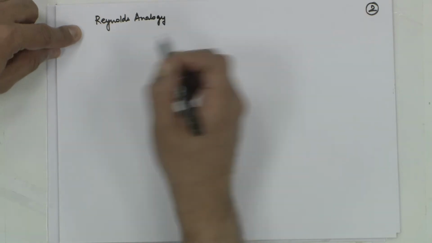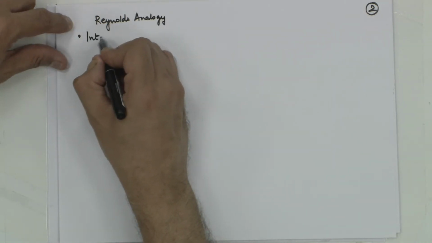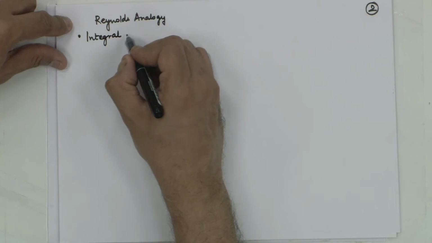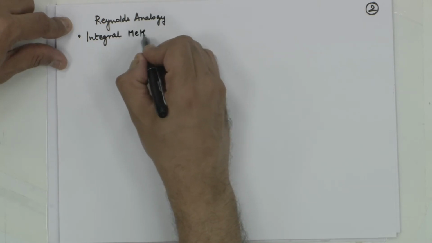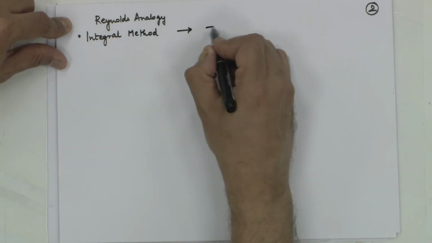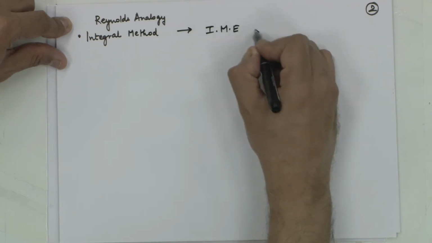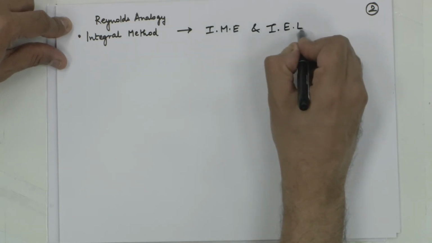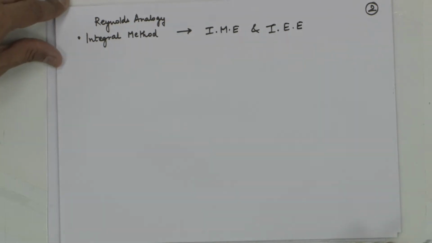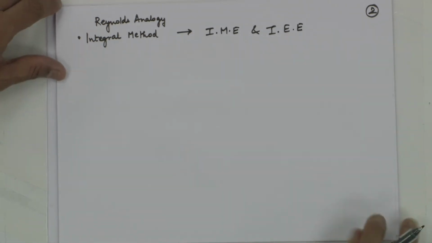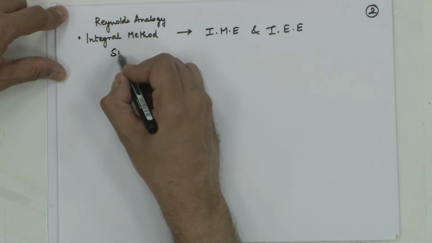Okay. Then we went on to integral method, where we integrated the momentum and energy equation. So, integrated momentum equation and integrated energy equation, we took the general boundary layer equations and integrated it, and then we simplified it for flat plate.